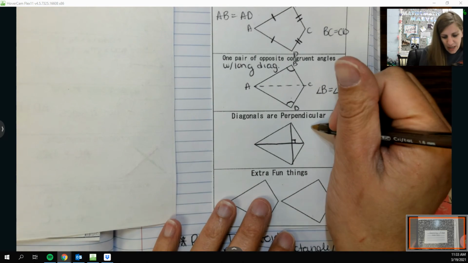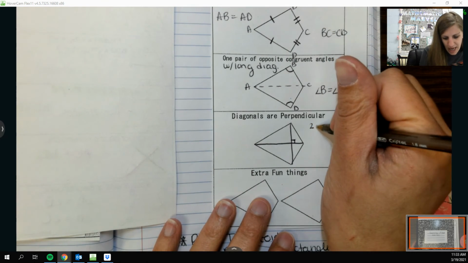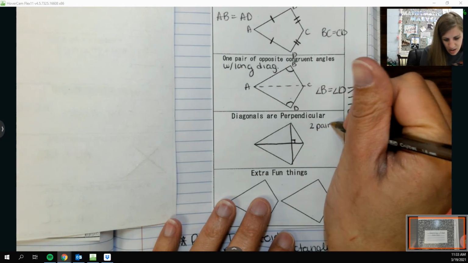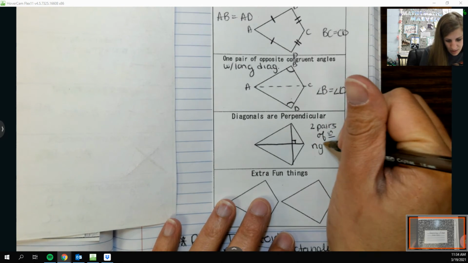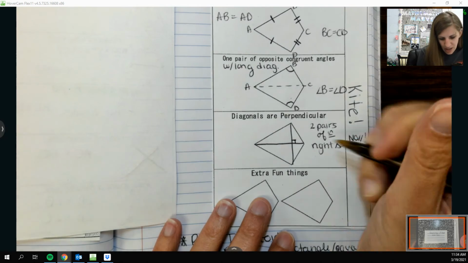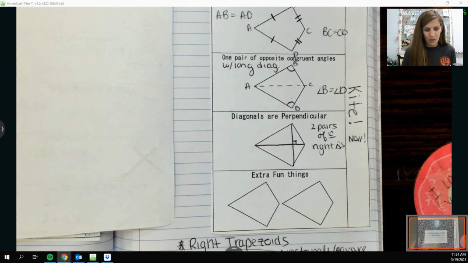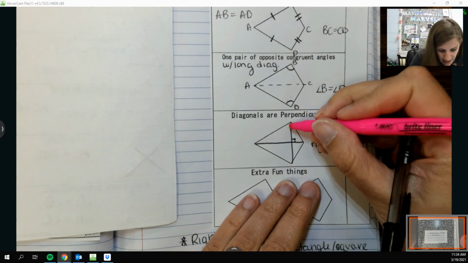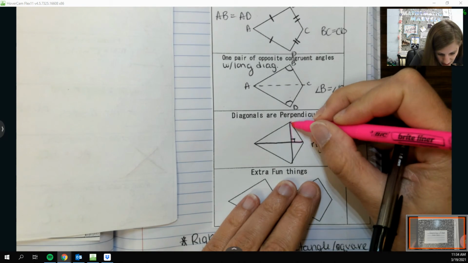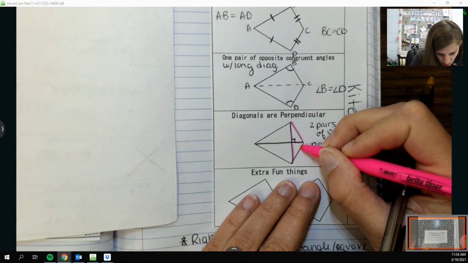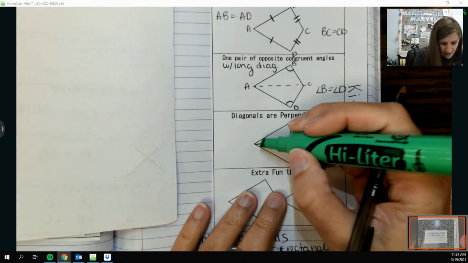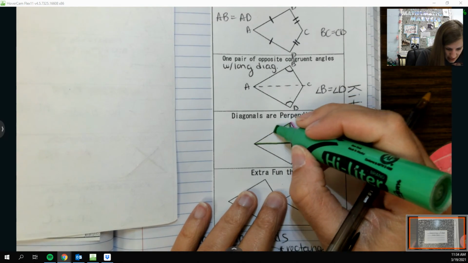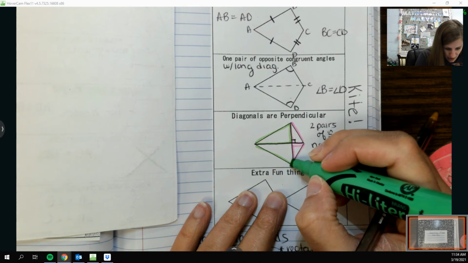And that does get me two pairs of congruent right triangles. We have this right triangle right here that is congruent to the one right below it. And then I also have these two right triangles on this side that are congruent to each other, but not to the first.